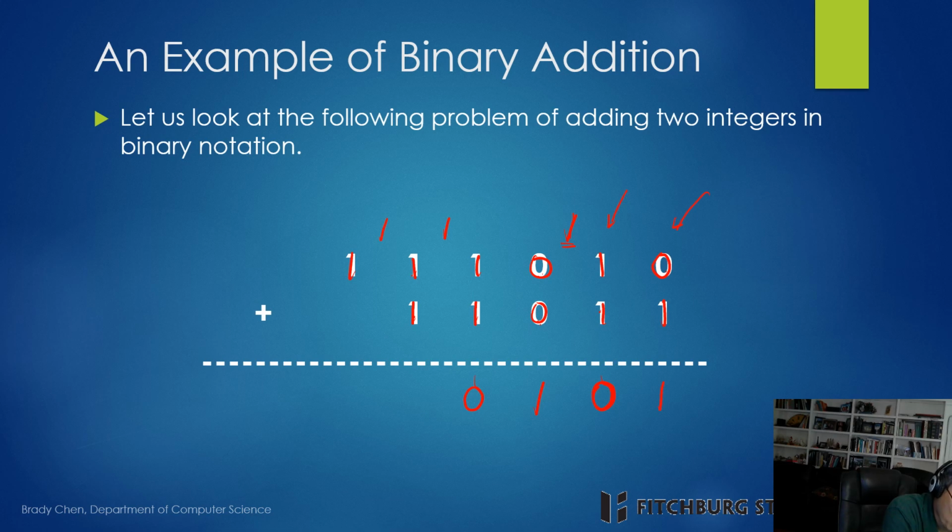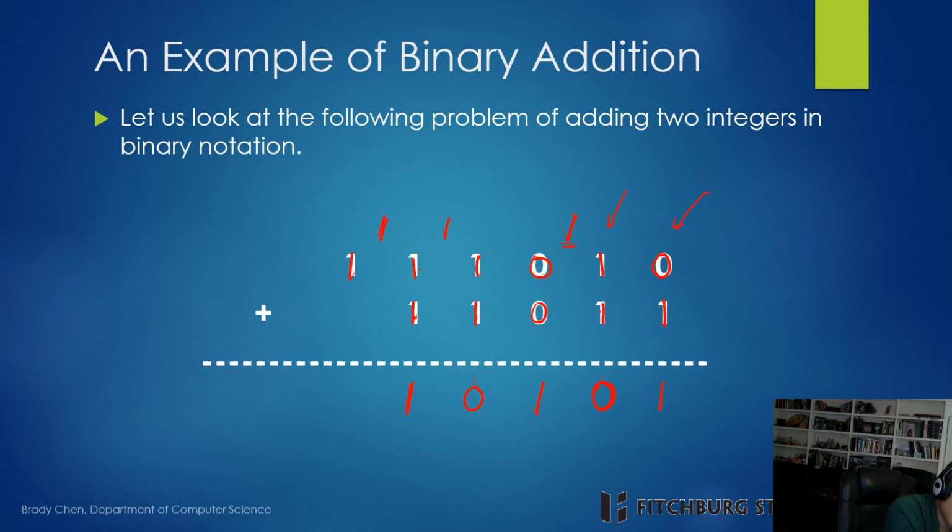But remember, 1 plus 1 is 1, 0, and then you need to add the 1 carried over from the previous position. So 0 plus 1 is 1, then carry a 1 to the next position. It's kind of tricky. You basically add three ones, right? 3 is 1, 1, so you write a 1 and carry a 1 to the next position.